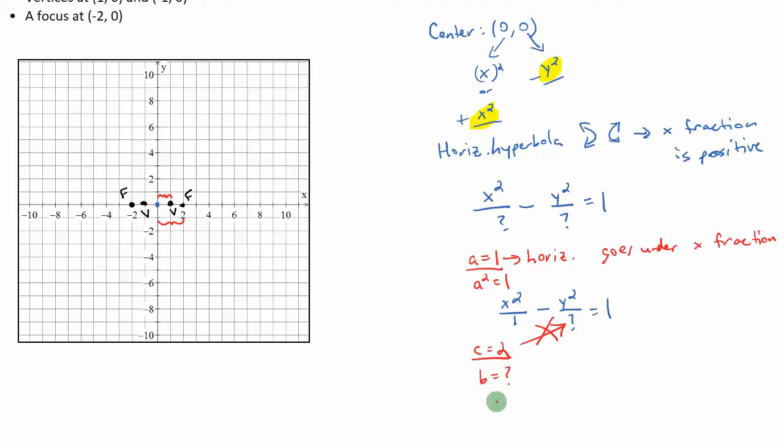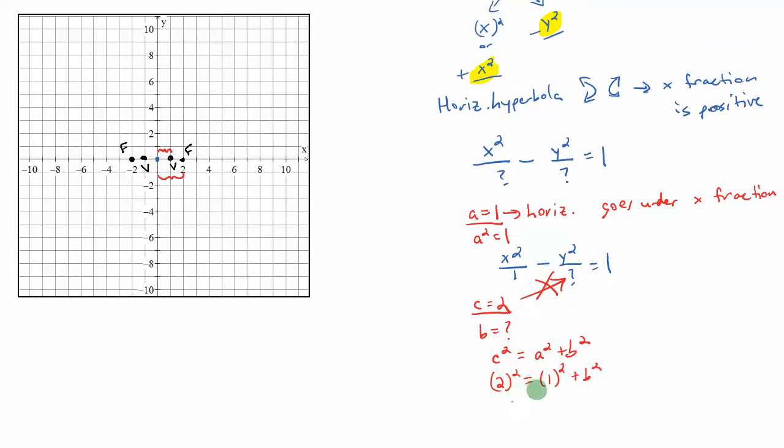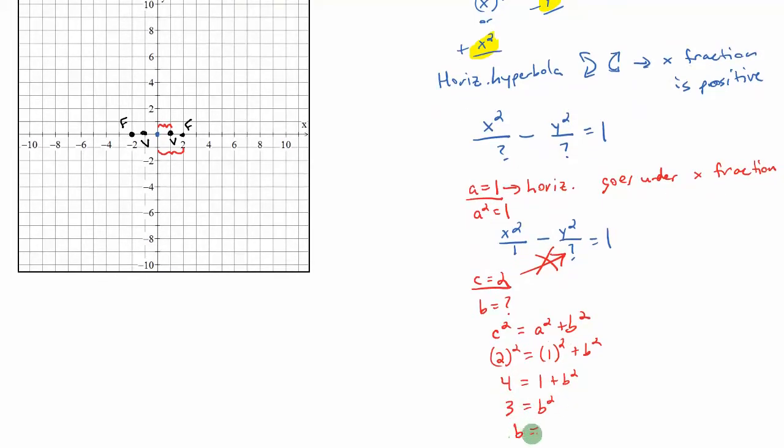Because I know that c squared equals a squared plus b squared for a hyperbola. So c squared is 2 squared, equals a squared, which is 1 squared, plus b squared. Now I can solve for b. So I have 4 equals 1 plus b squared, subtract 1, so b squared equals 3, which means b is the square root of 3.